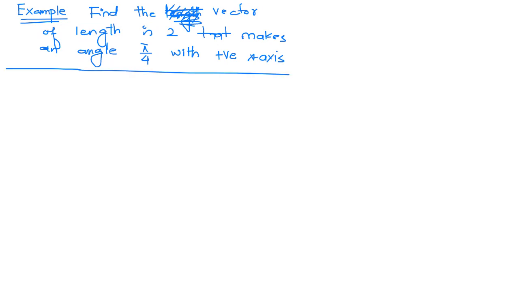What is given? The length is given. Length means the vector's mod is given, which is equal to 2, and theta is given, which is pi by 4. Now you have to find the vector. We know the formula: mod of vector v cosine of theta i plus mod of vector v sine of theta j.